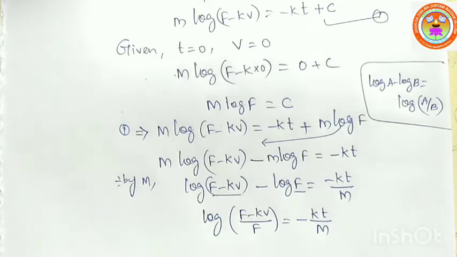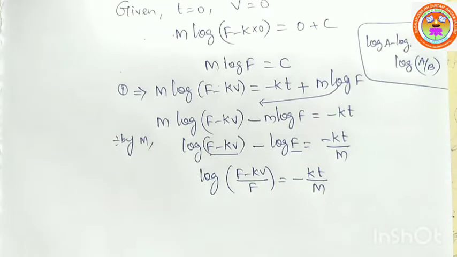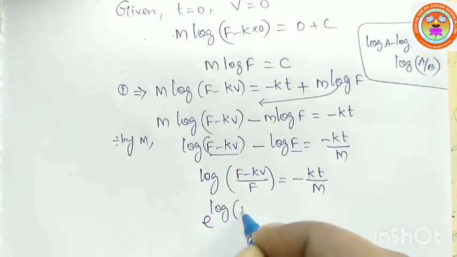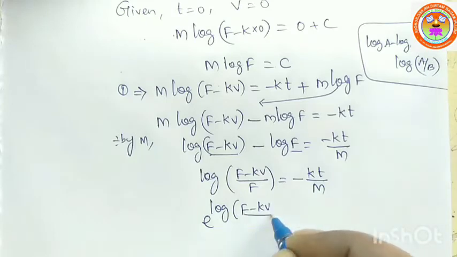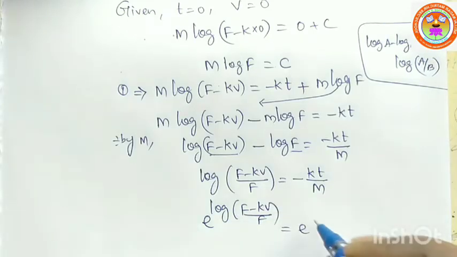Now we are going to remove the logarithm. For removing logarithm, we need to take exponentiation on both sides. When we apply exponentiation on both sides, we will get e power log of f minus kv by f is equal to e power minus kt by m.